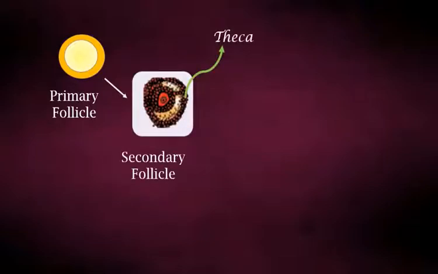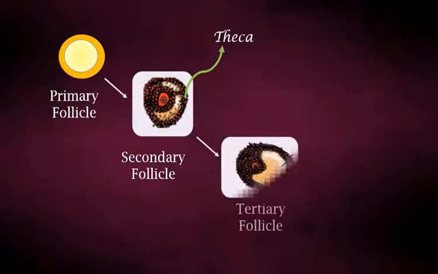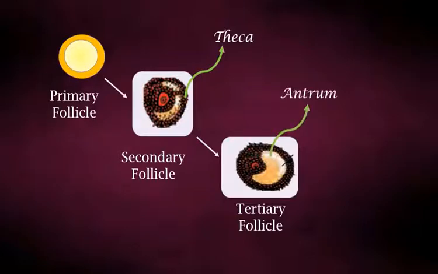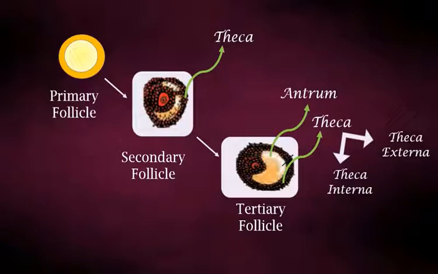The secondary follicle then develops a fluid-filled antral cavity called the antrum, and this is now termed the tertiary follicle. The theca layer gets organized into inner and outer theca, that is theca interna and theca externa.